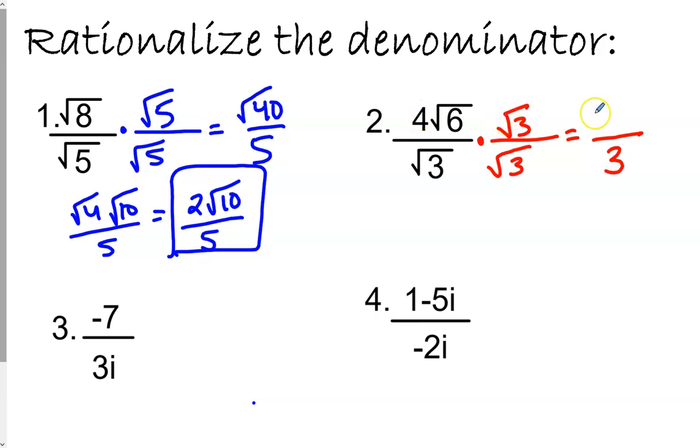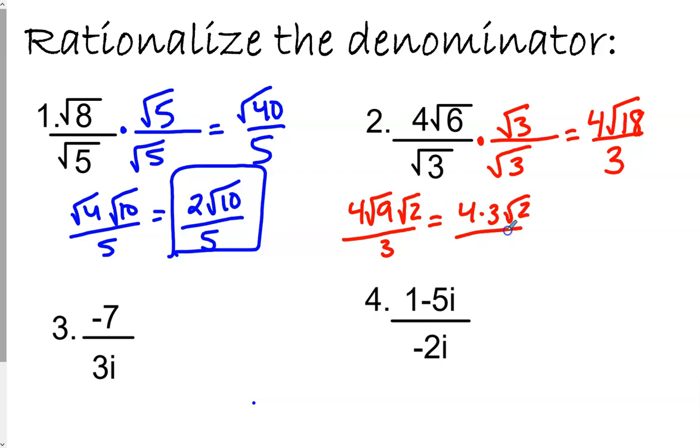Our numerator this time became what? 4 times the square root of 18. 18 can be split into 9 and 2. The square root of 9 is 3. Those 3's can cancel out. This actually simplifies to 4 square root 2.